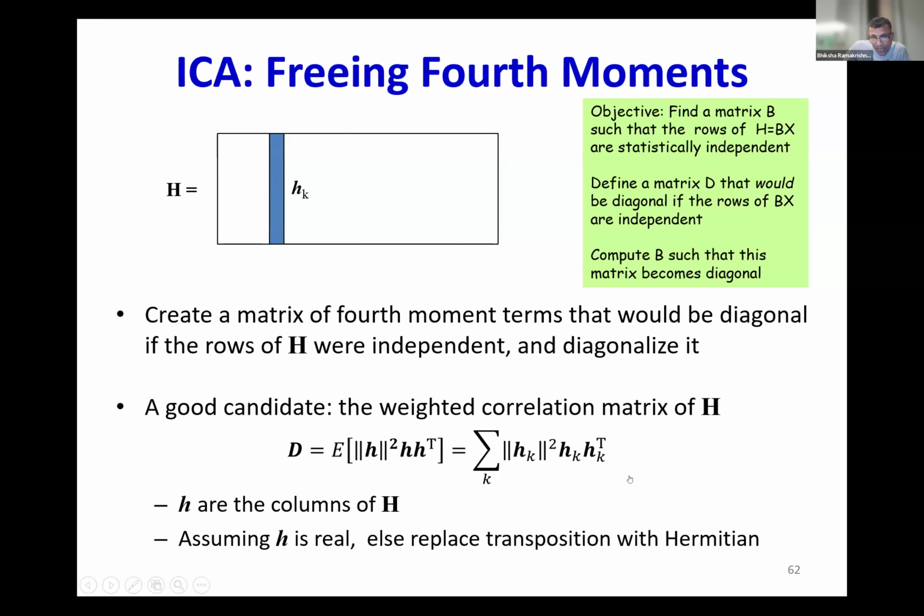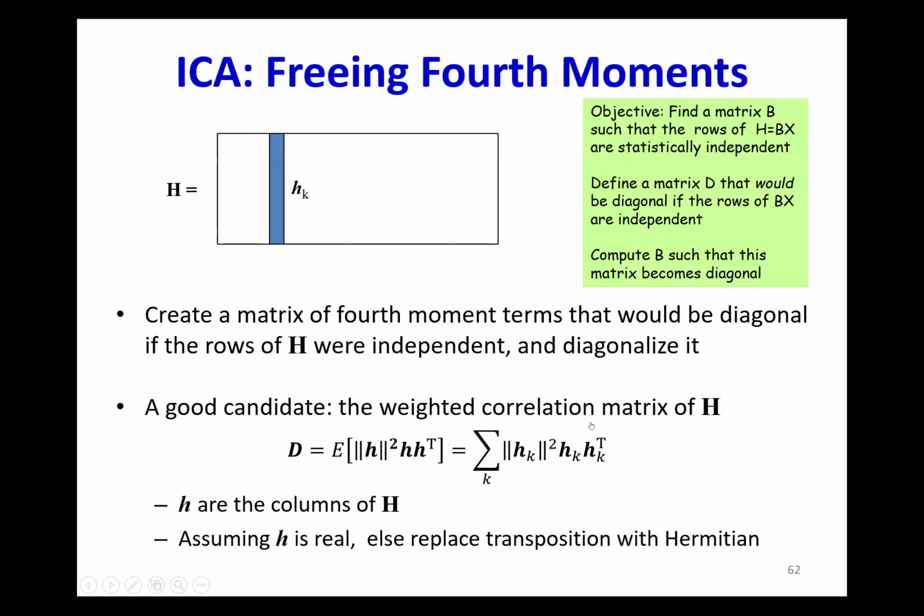And can you see that this is actually a 4th order term? There are 4 powers: H squared times H times H. So this is a 4th order moment matrix, correct?